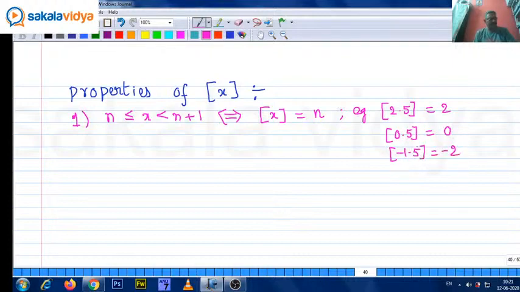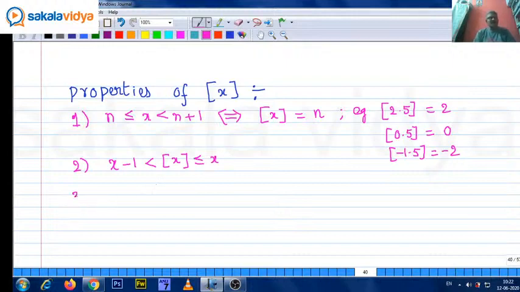You remember like this. Second one: always the integral part of x lies between x minus 1 and x itself. It will be useful for the squeeze principle also. That means x minus 1 is less than the integral part of x, less than or equal to x.